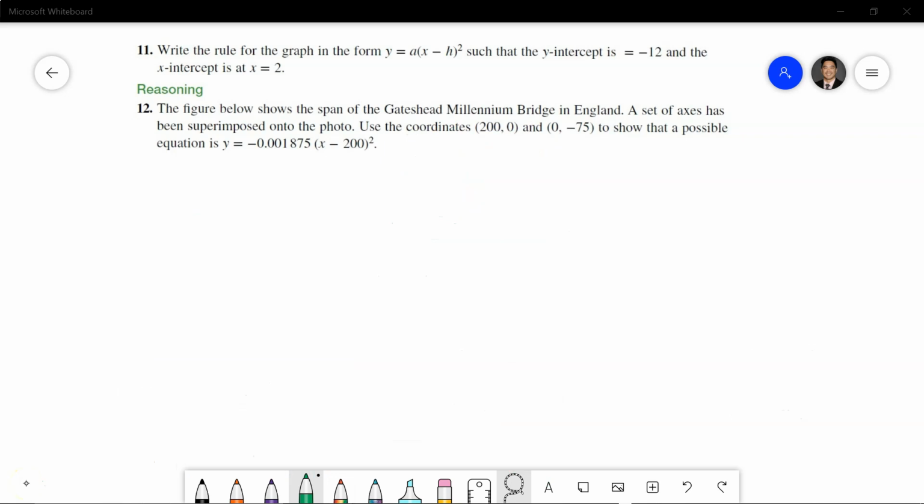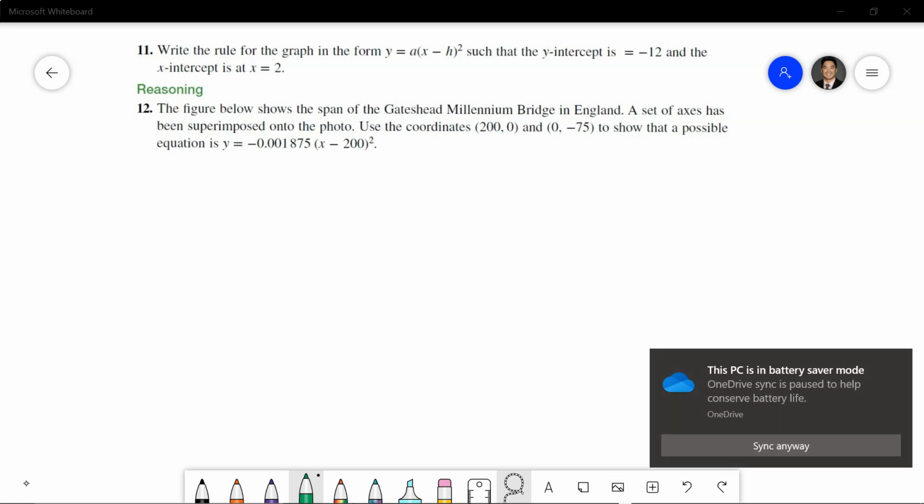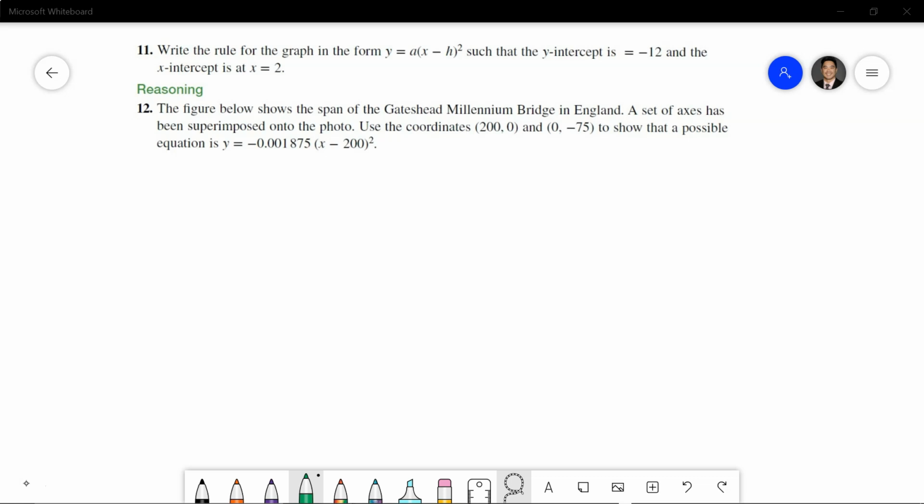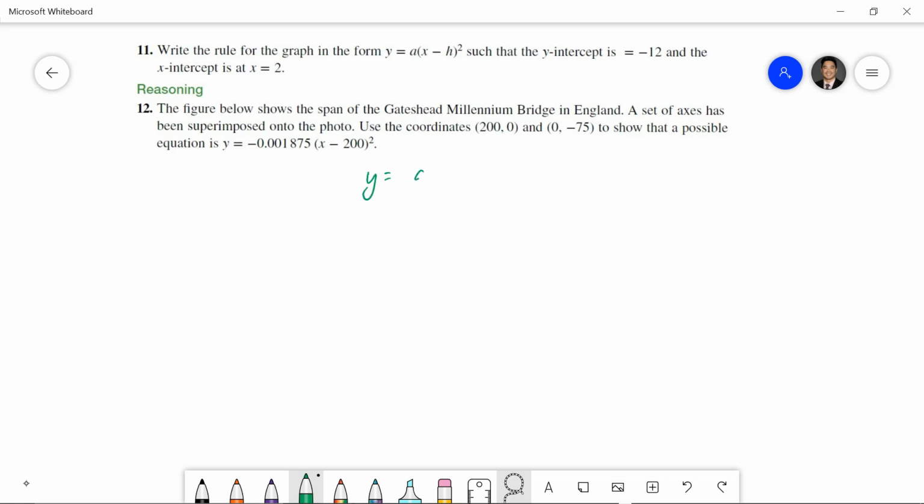We'll start off with question 11, and it does require a little bit of time, a little bit of problem solving and troubleshooting in terms of your thoughts and how you piece all the puzzles together. So here we have a rule from the graph. Again, y is equal to a outside of (x minus h) all squared, where the y-intercept is minus 12.